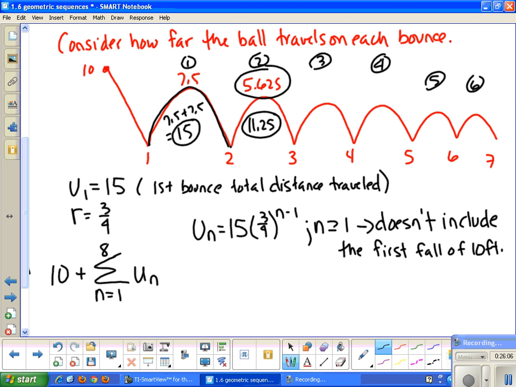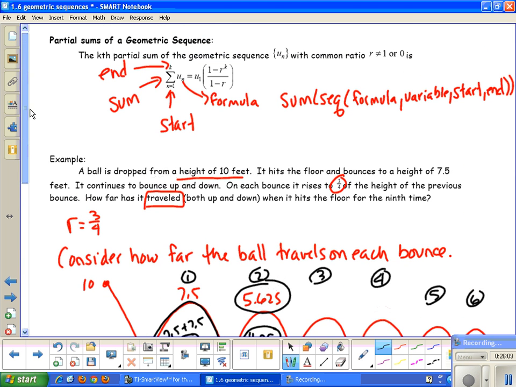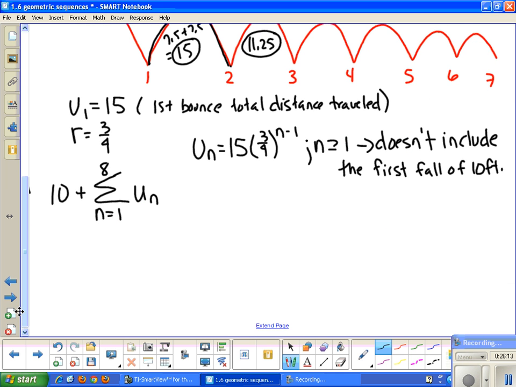So if we use the formula that we had up above, we can find what that total is going to be. So it's going to be equal to 10 plus, and then the formula.